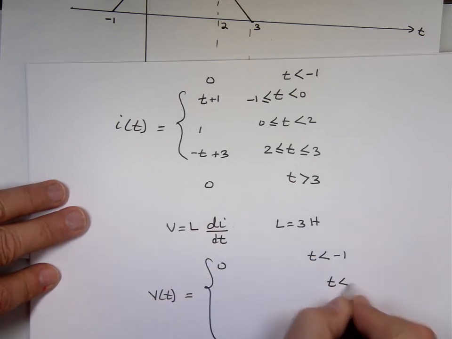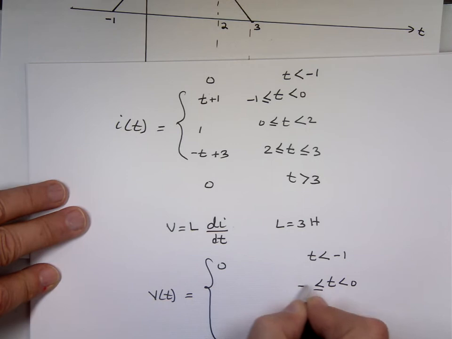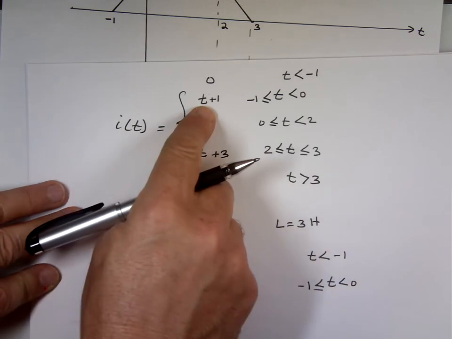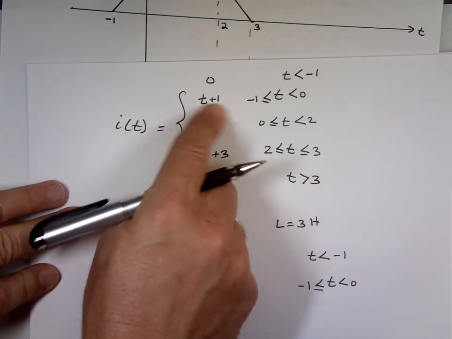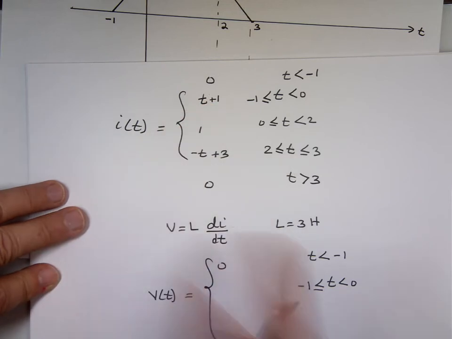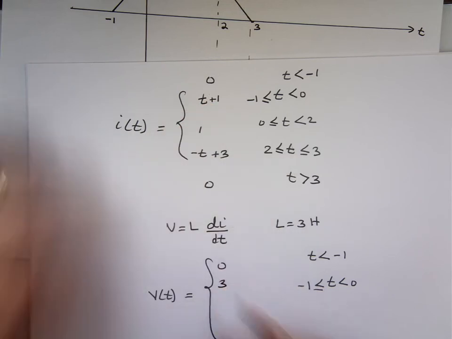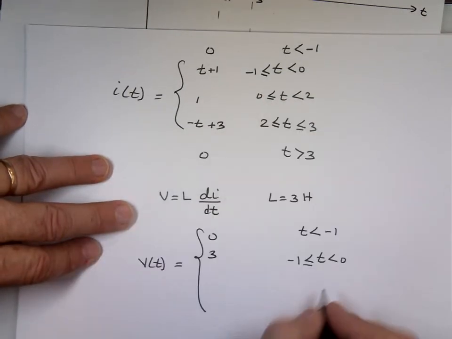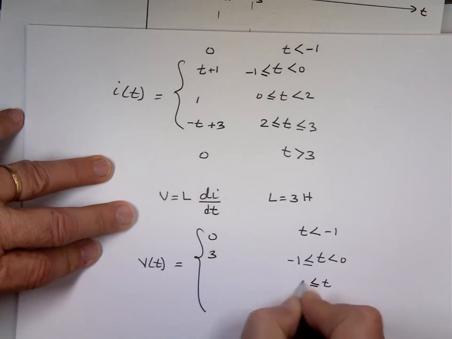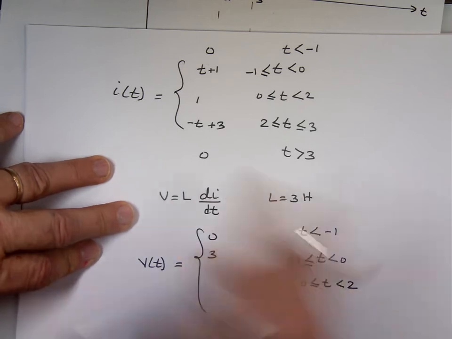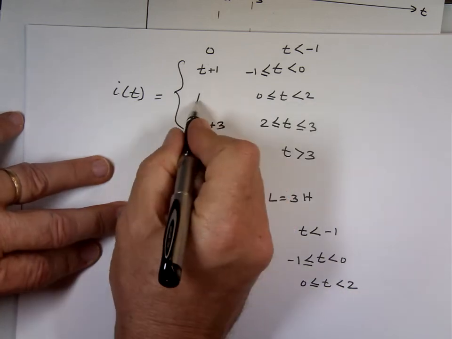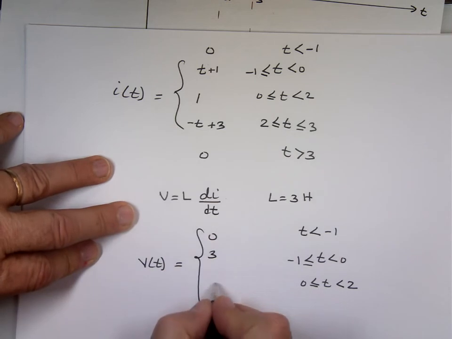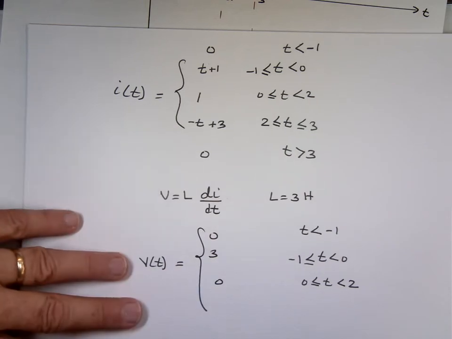For t between -1 and 0, what's the derivative of this function, t plus 1? 1. 1 times 3? 3. For t between 0 and 2, what's the derivative of 1? 0 times 3? 0.